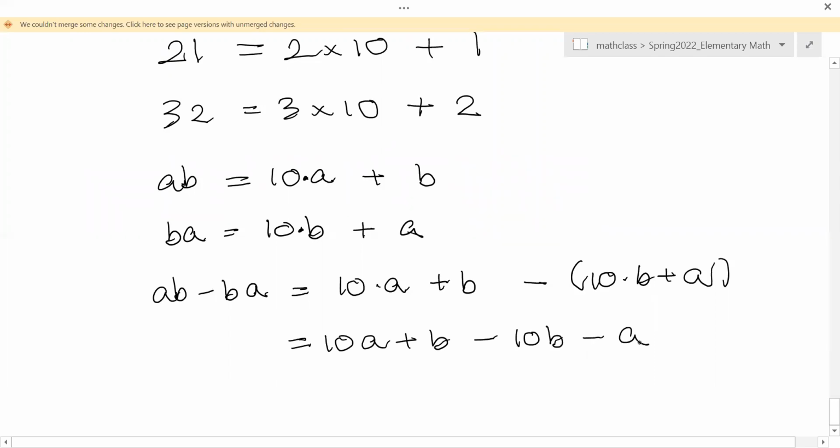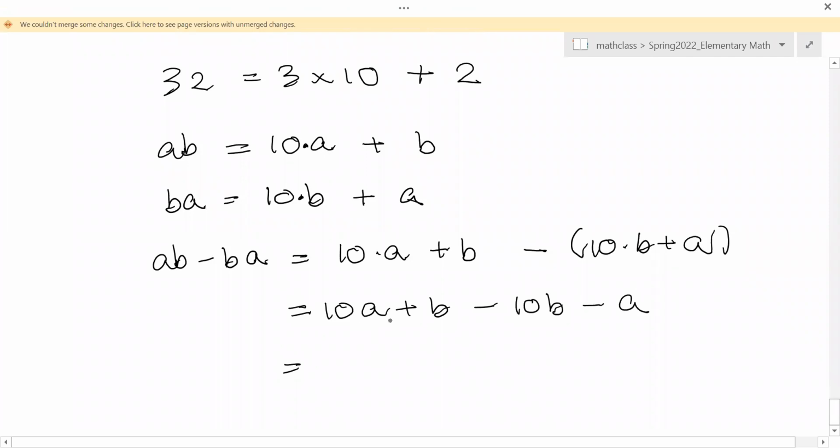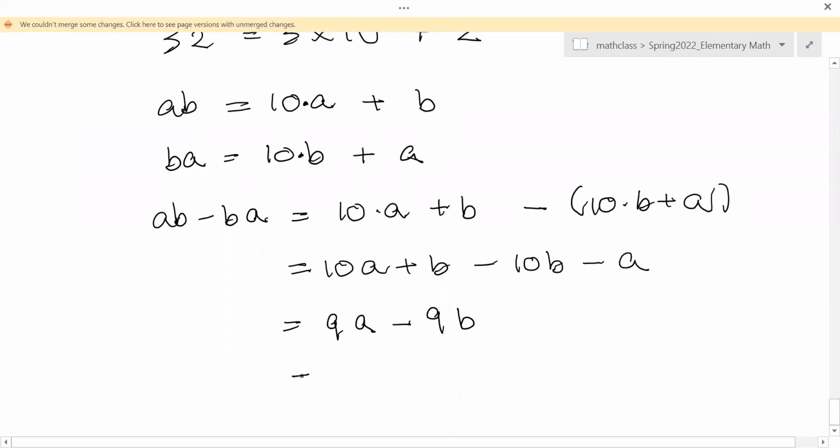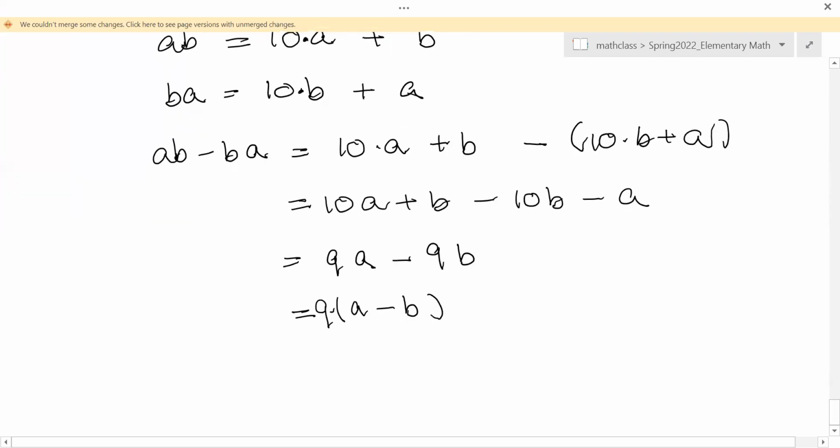Then you regroup: 10A minus A, like 10 apples minus 1 apple, you have 9 apples. Now B minus 10B, like 1 minus 10, is negative 9B. So you take 9 out. You can put the 9 on the right-hand side or the left, it doesn't matter. That's why this is always true. All you have to do is take the difference of the two digits and multiply by 9.